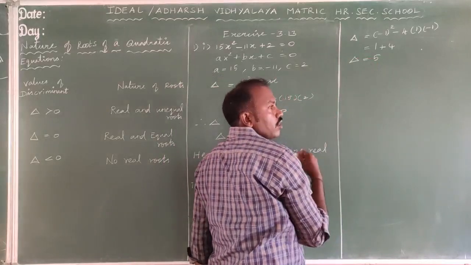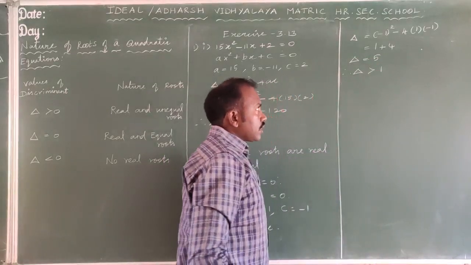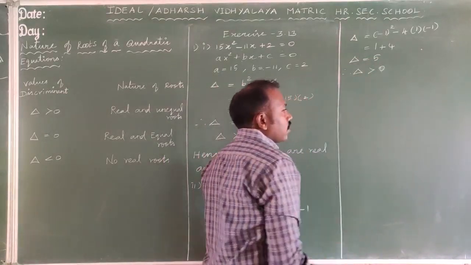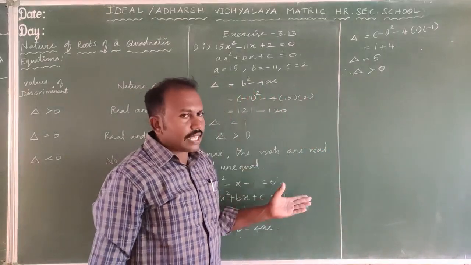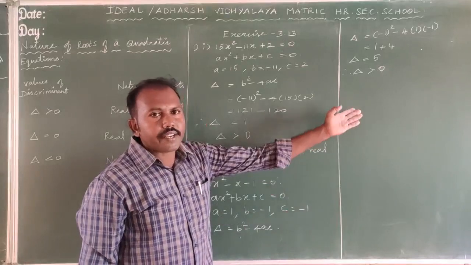Then discriminant is equal to 5. Therefore discriminant greater than 0. Hence the roots are real and unequal roots.